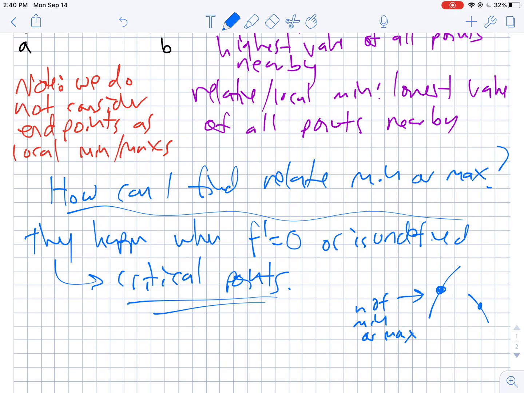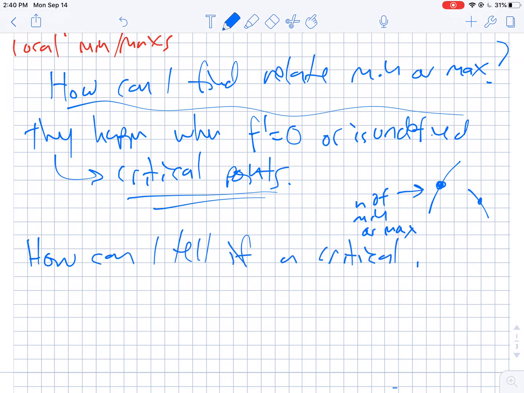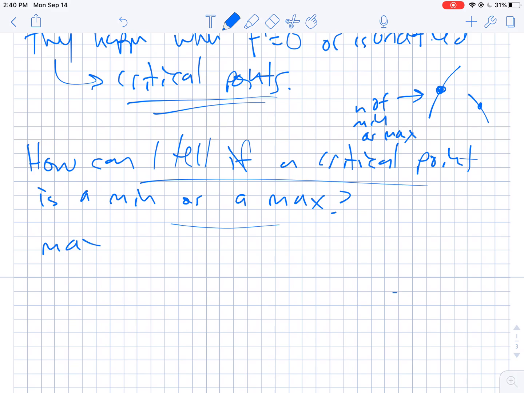So then your question becomes, how can I tell if a critical point is a min or a max? Let's talk about what's going on at a max. Here's what a max looks like.